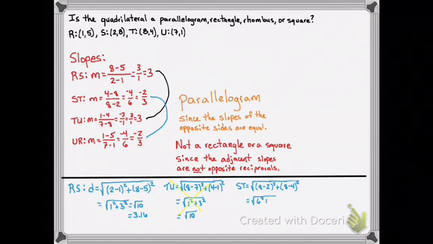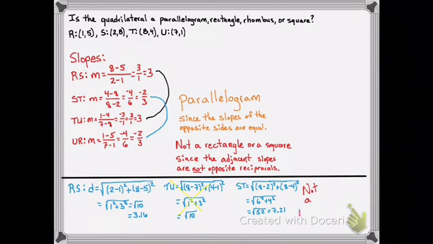That's going to work out to be 6 squared plus 4 squared, which is the square root of 52, or 7.21. In order for you to have a rhombus or a square, which is a rhombus, all the sides have to be the same size. By getting ST, I notice that ST is not the same size as RS or TU, so this is not a rhombus.